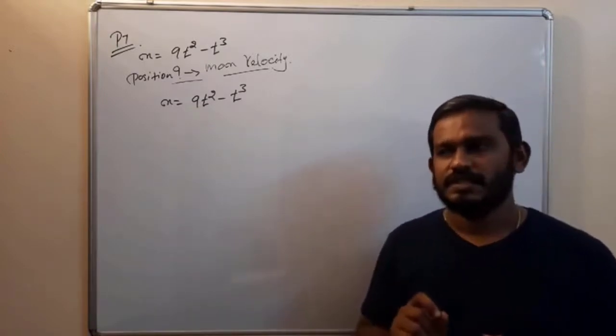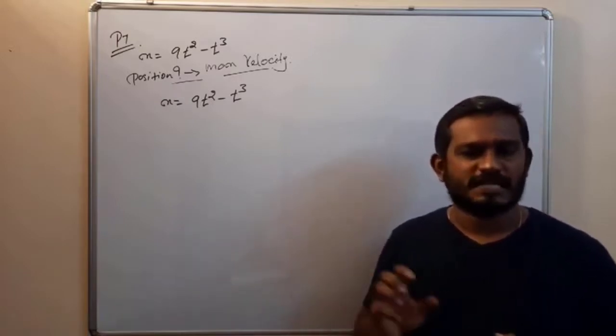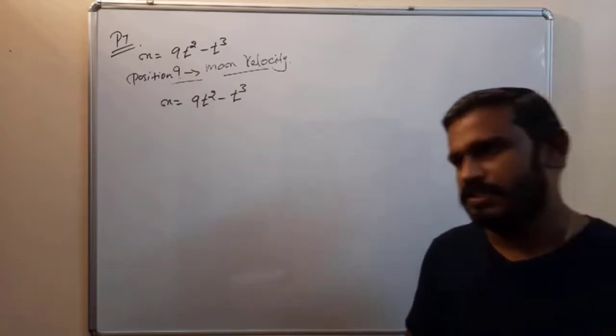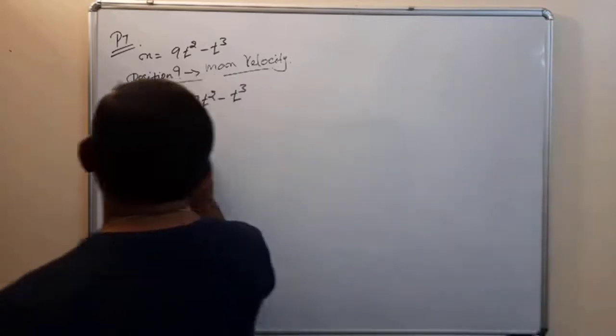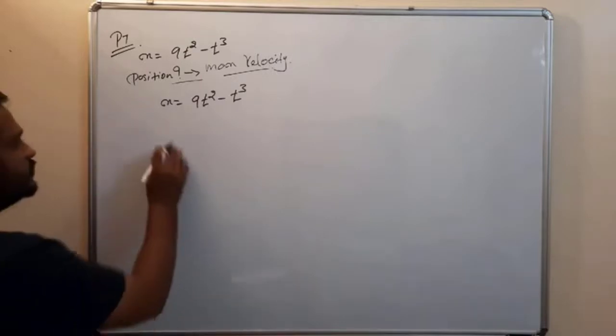In one of the videos in the last topic I have discussed maxima and minima of a function. So here x equal to 9t square minus t cube.